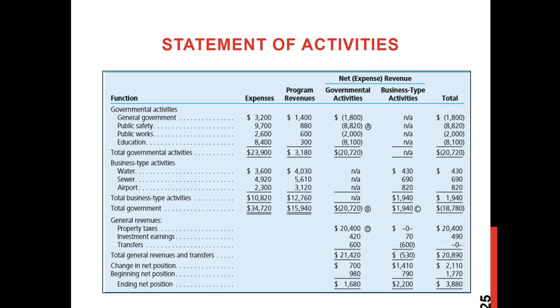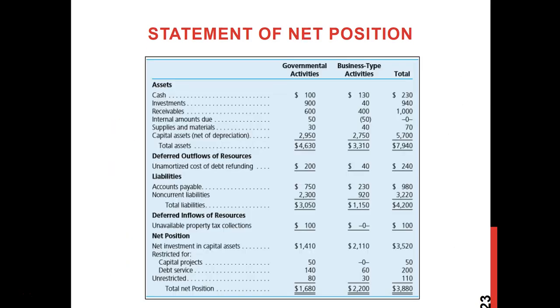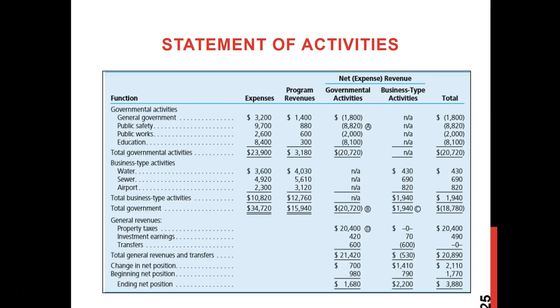So basically this is actually the net equity part, the total government as a whole. And of course when they prepare either their net position or statement of activities, that means balance sheet type or income statement type of statements, they will categorize everything into two categories: governmental and business type.